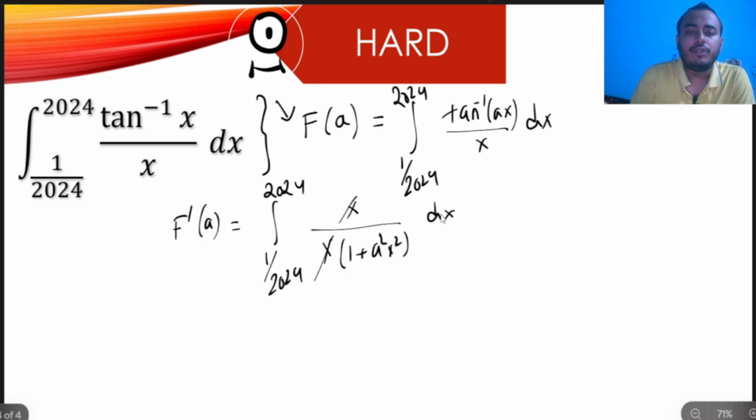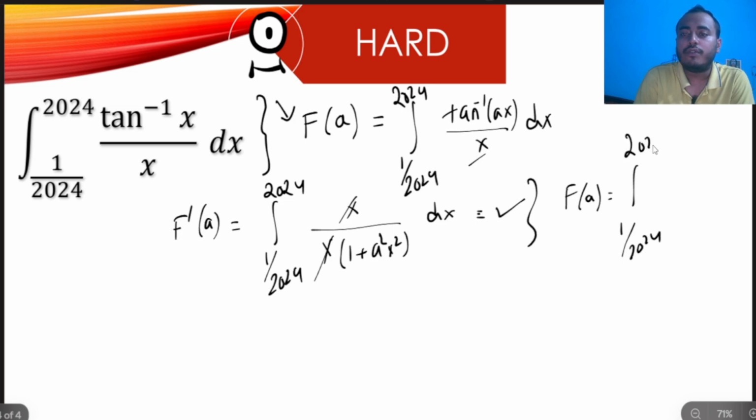Now, if we were to do this, you would notice that if you complete this integral, you will still be left with the same integral as before, because you are not really helping things. Whatever you get after you integrate both sides, you still get F of a equals the integral from 1/2024 to 2024 of tan inverse of ax upon x dx.